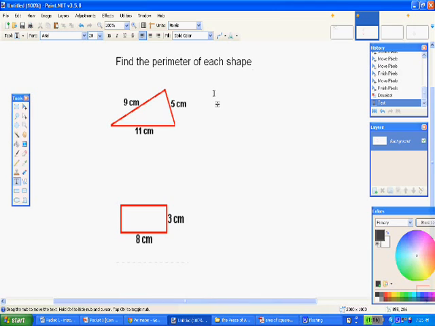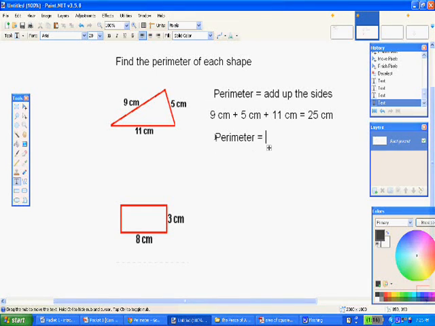All you're going to do to find the perimeter is to add up the sides. So I'm going to start with 9 centimeters plus 5 centimeters plus 11 centimeters. And when you add those all together, you get 25 centimeters. So your perimeter, or your answer, is 25 centimeters.